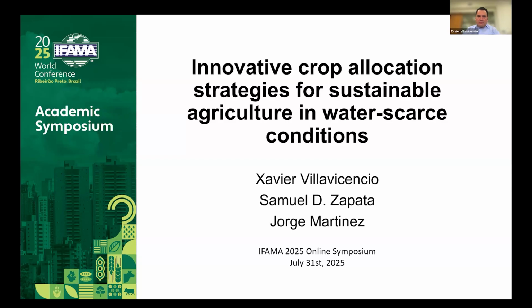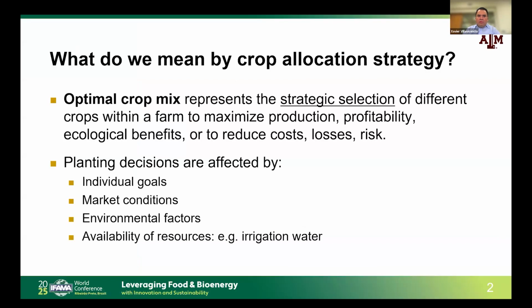I'm going to start with a brief definition of what we mean by crop allocation strategy. I want to define this in order for everybody to understand what we are talking about. First, we want to define what an optimal crop mix is.